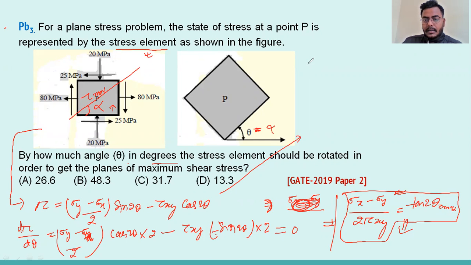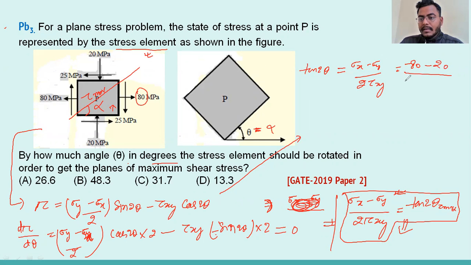So tan 2 theta is equal to sigma x minus sigma y, according to the sign convention, put the value. Sigma x, here you can see it's tensile, so it would be minus 80. Sigma y is compressive, so it will be positive.